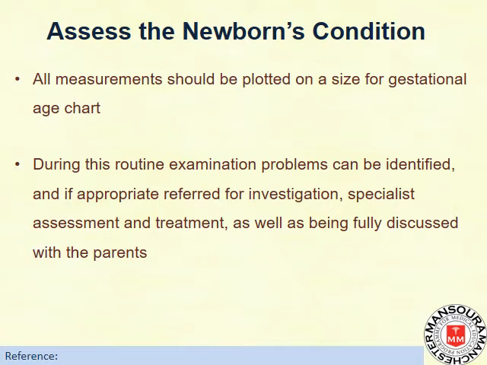All these measures should be plotted on a size for gestational age chart, and you can see this in your book and on the website. During this routine examination, problems can be identified and, if appropriate, referred for investigation, specialist assessment and treatment, as well as being fully discussed with the parents.